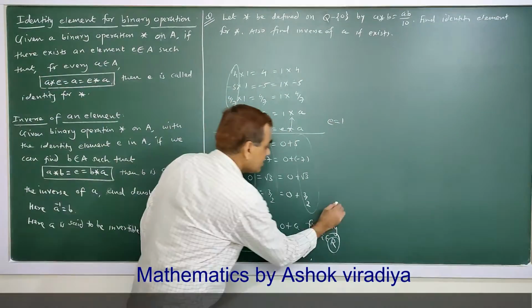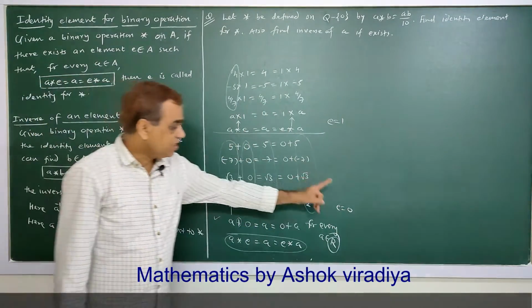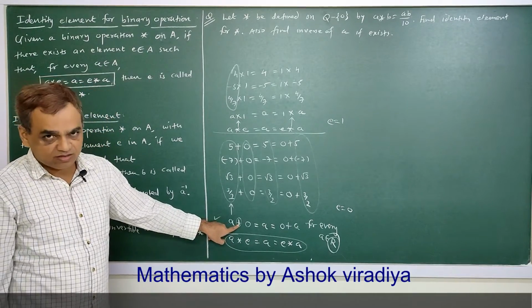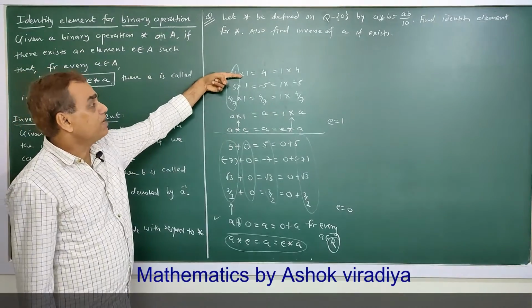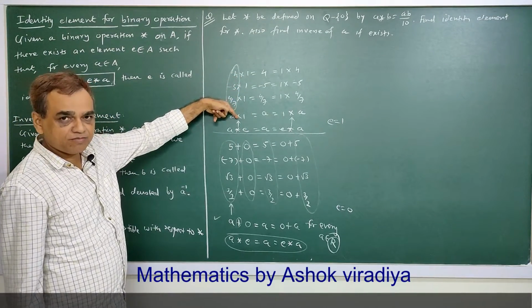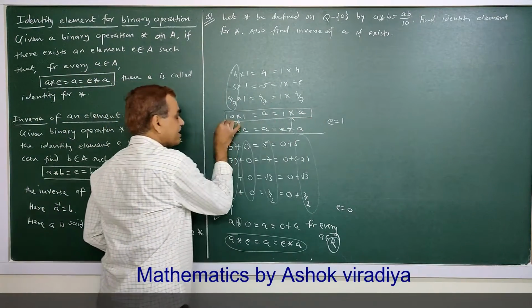Here in the earlier discussion, E was 0. So 0 is identity element for operation addition. Here 1 is identity element for operation multiplication. Multiplication is also binary operation. So you can match this statement.